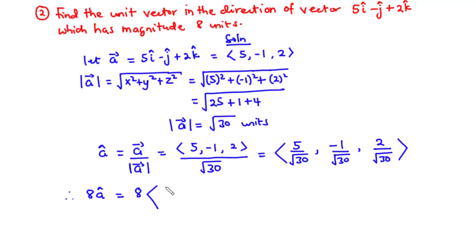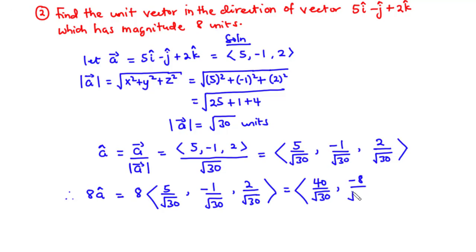So we have 8 times 5 over root 30, comma, -1 over root 30, comma, 2 over root 30, and that is equal to, now 8 times 5 is 40, so we have 40 divided by root 30, comma, 8 times -1 is -8, so -8 divided by root 30, comma, 8 times 2 is 16, so 16 divided by root 30.